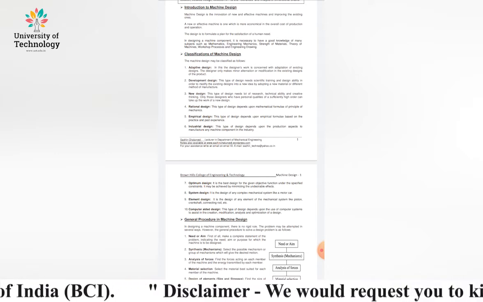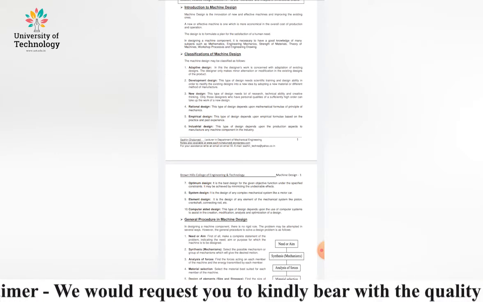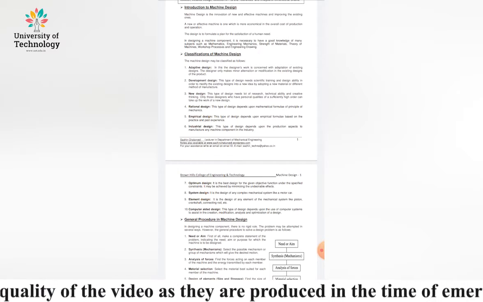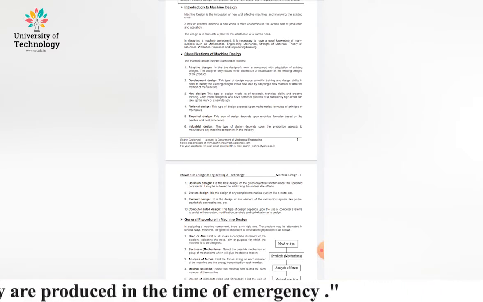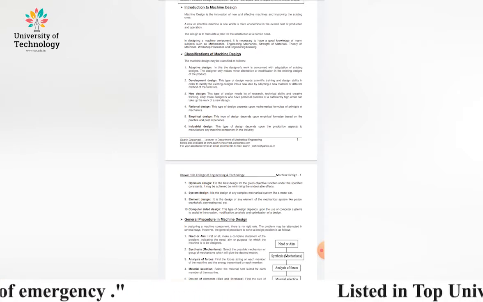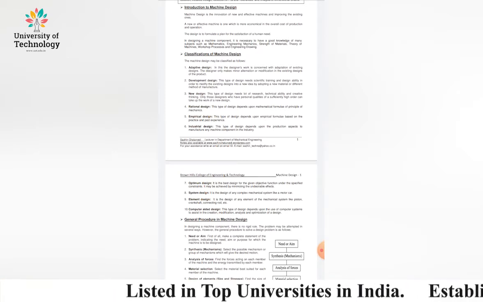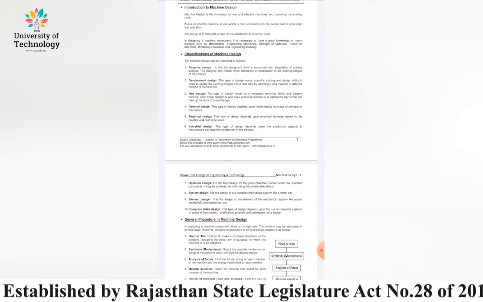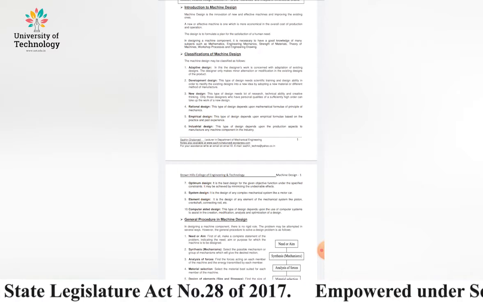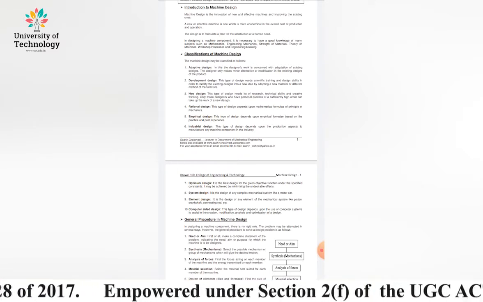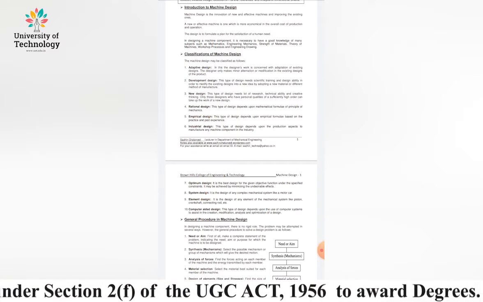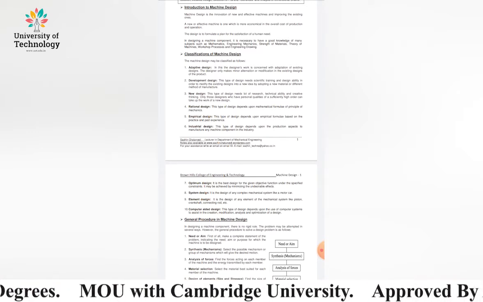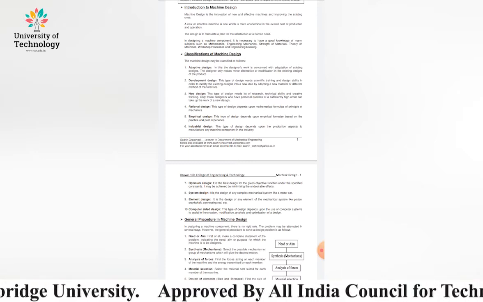So, before understanding the machine design subject, the students need to understand the following subjects: mathematics, engineering mechanics, strength of material, theory of machine, workshop processes, and engineering drawing. All these subjects are very helpful to study the machine design subject.